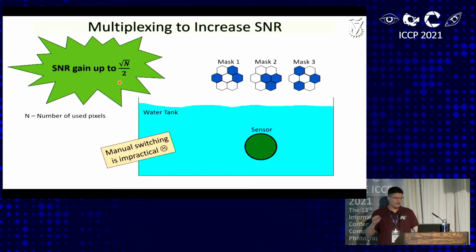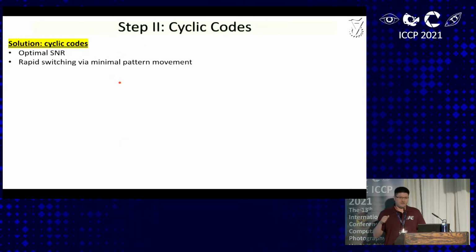The way we address that is by developing cyclic codes that are both optimal in terms of SNR, meaning that they provide the previously shown multiplexing advantage, and additionally, they enable rapid pattern changing because they enable a change of the base function by a minimal shift of the mask.